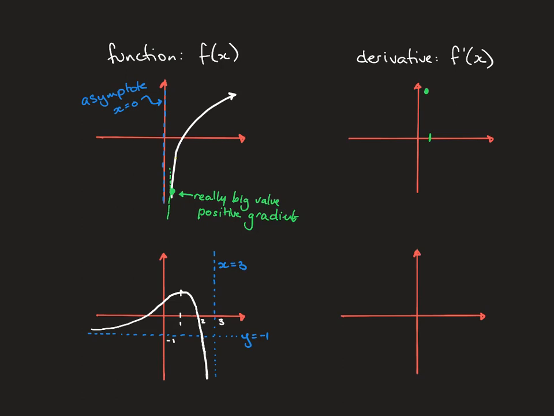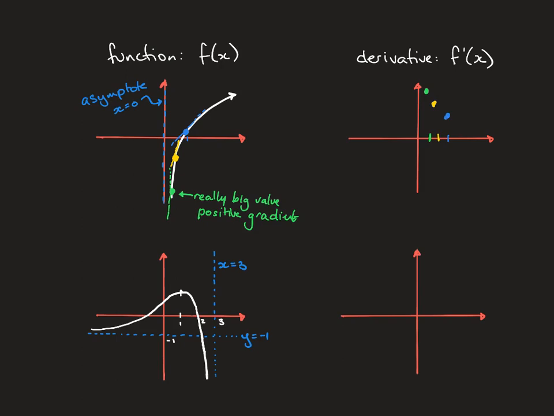Then I'm going to move along a little bit further on the graph and look at that slope there. That's slightly less large. It's still positive but slightly less large. So at that x value, something a little bit smaller. And then I do the same thing for different spots on the graph. So at that blue point, it's slightly less.